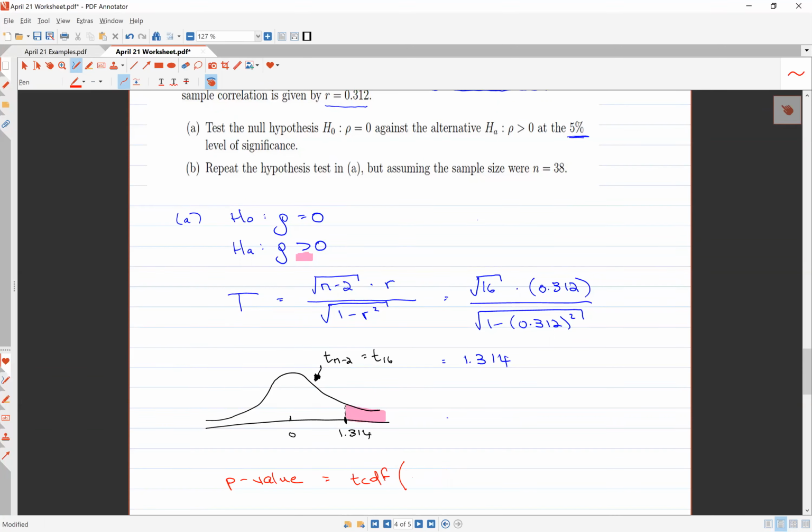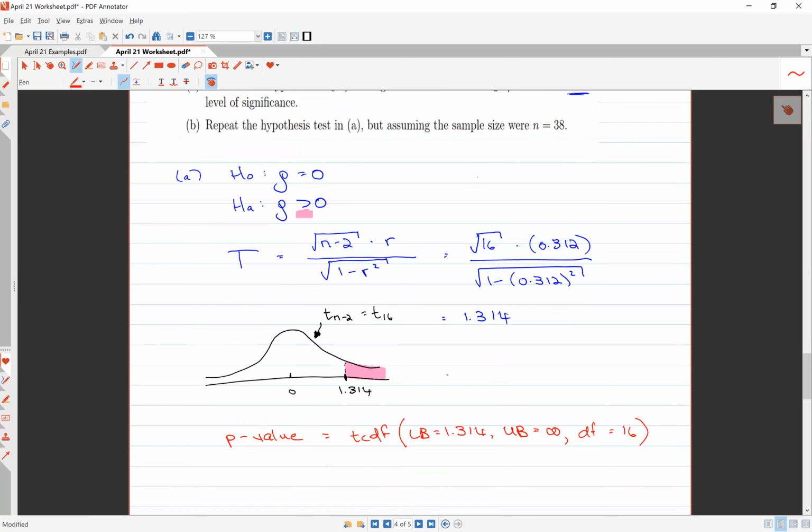We want area from a lower bound of 1.314 to an upper bound of infinity. You'd put in a large positive number there, and your degrees of freedom would be 16. And if you do this calculation, you get a p-value of 0.104.